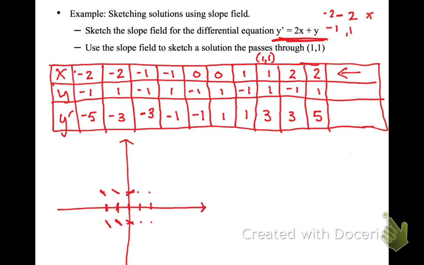Up now. -1, 1 should be +1. 1, 1 should be +3. 2, -1 should be +3. And 2, 1 should be 5. Do you see how there's subtle changes?